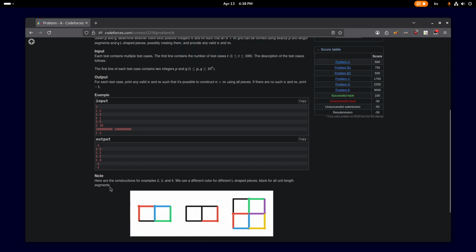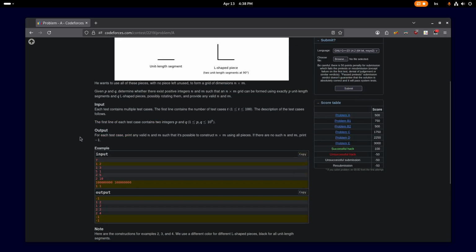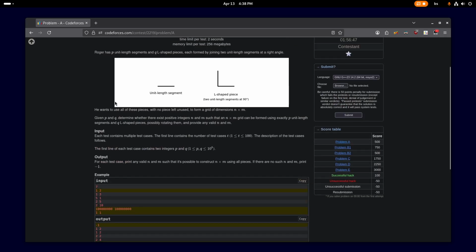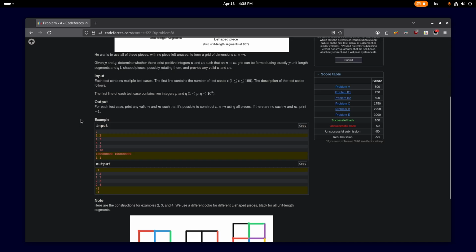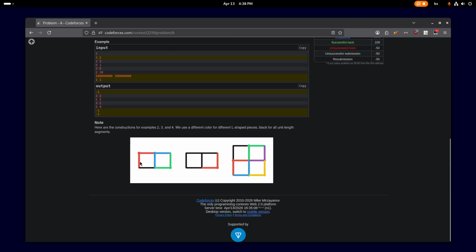I don't know how to solve this. Okay, but if we have an m by n grid, we know that there will be m times n plus 1 horizontal pieces and n times m plus 1 vertical.